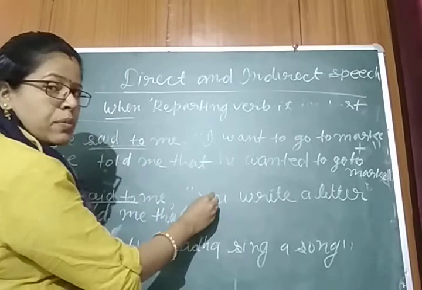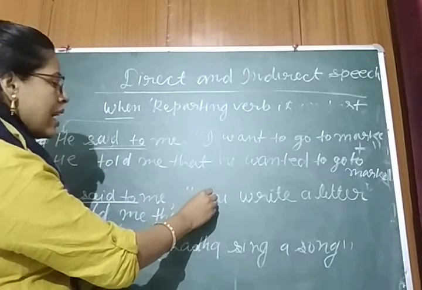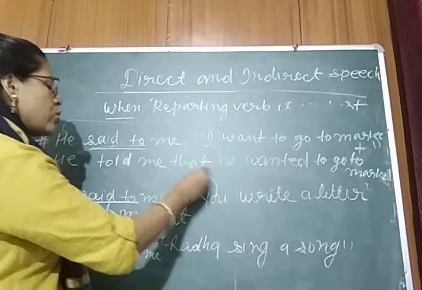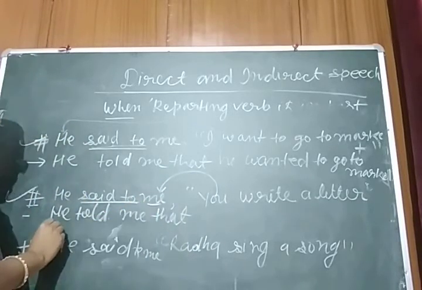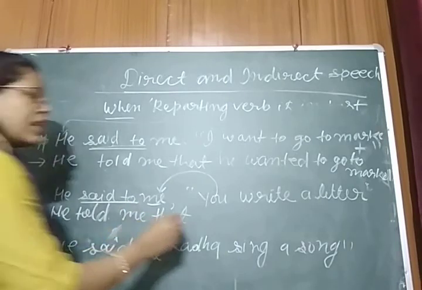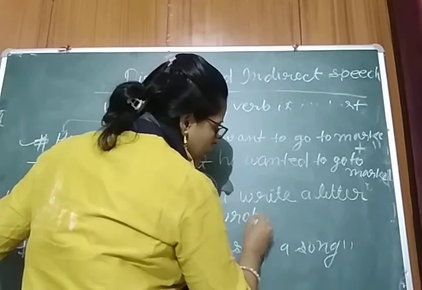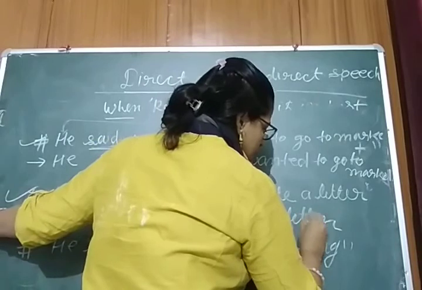Now here it is second person. So what does the SON say? SON says that if you find second person, then second person will be changed according to the object. What is the object here? Me. So what will I write here? He told me that I wrote a letter.